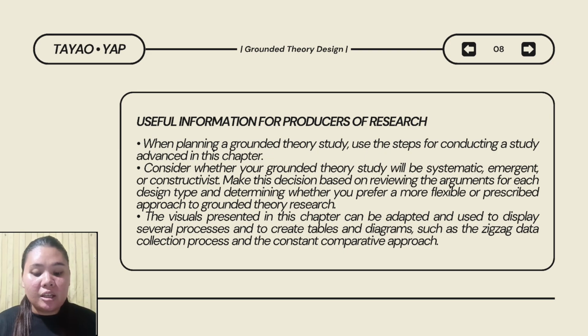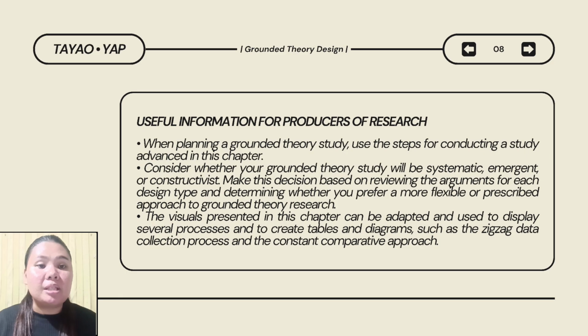Second, consider whether your grounded theory study will be systematic, emergent, or constructivist. Make this decision based on reviewing the arguments for each design type and determining whether you prefer a more flexible or prescribed approach to grounded theory research.